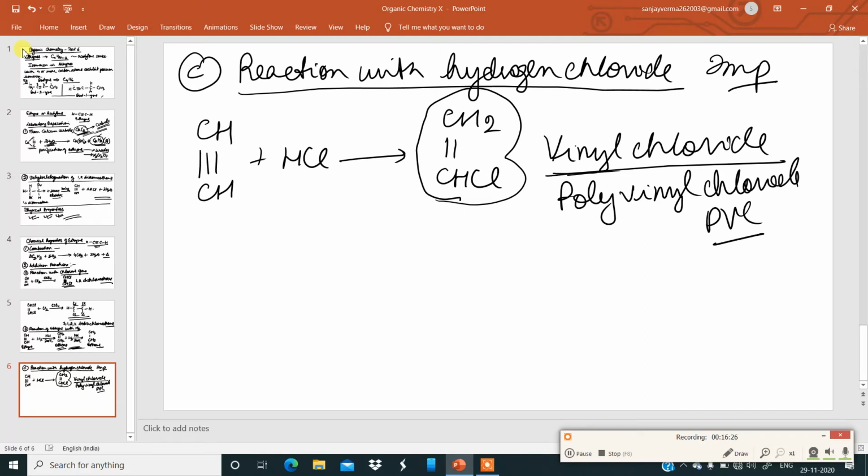Okay. Now, this vinyl chloride, it will further react with hydrogen chloride gas. It forms again 1,1-dichloroethane.